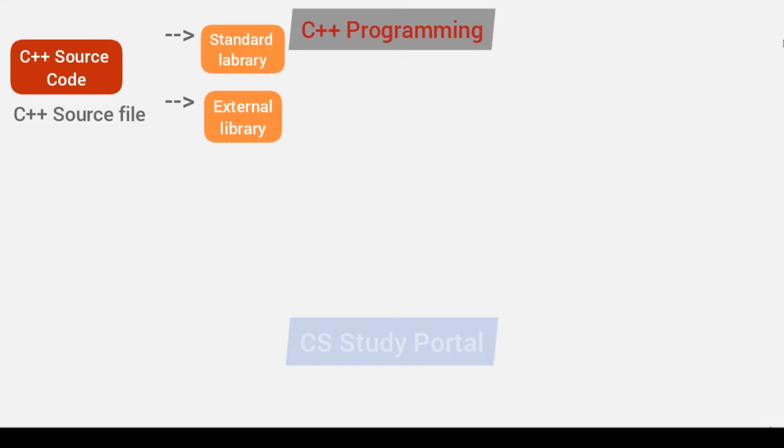If you want to use the features from a library, standard or external, all you have to do is include the header file which contains the declaration of the features. Once you include those files, those features will be available in your program and you can write the code.